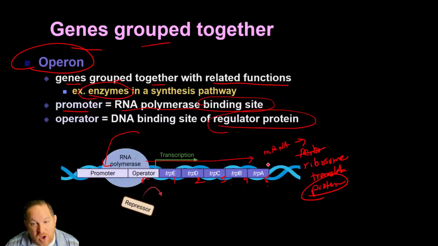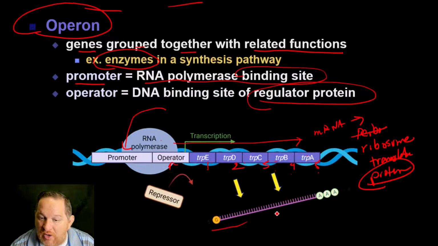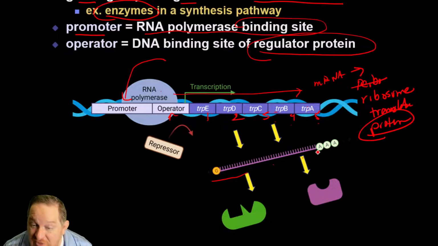So an operon basically is just this group of genes similarly related where there's a promoter and an operator. Now, as I mentioned, if this transcription occurs, these genes will be transcribed into messenger RNA, and then ultimately, those genes will be translated by the ribosome into these enzymes or proteins.